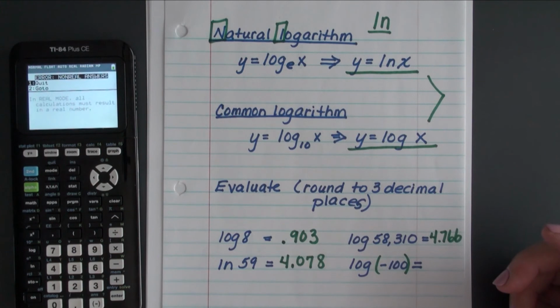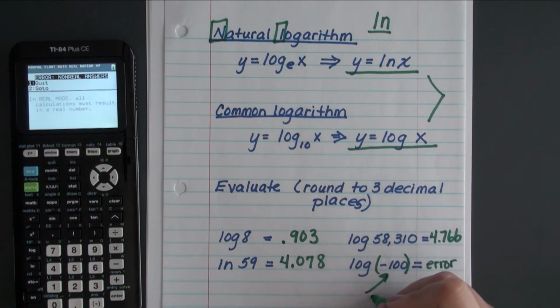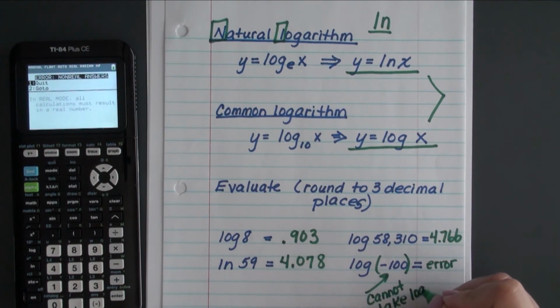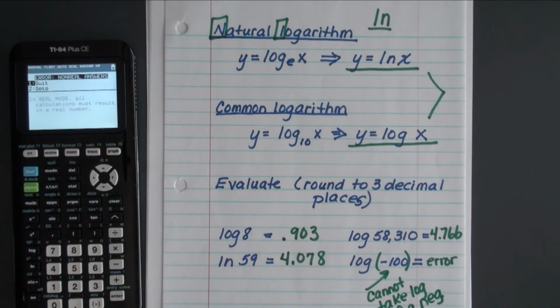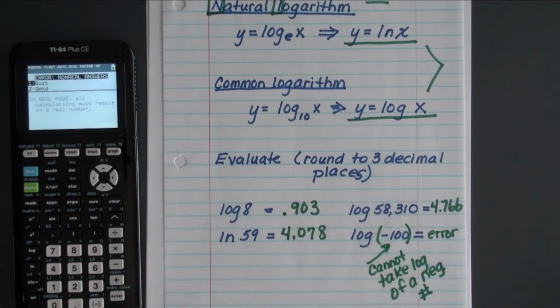If you try to calculate that, you should get an error. And the reason for that is we cannot take the logarithm of a negative number. You will always get an error if you try to take the logarithm of a negative number.